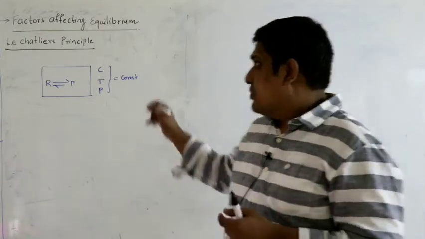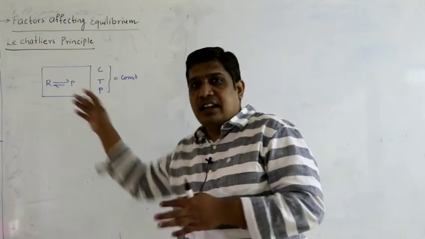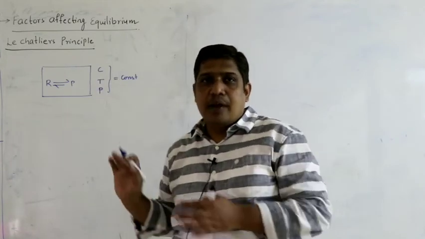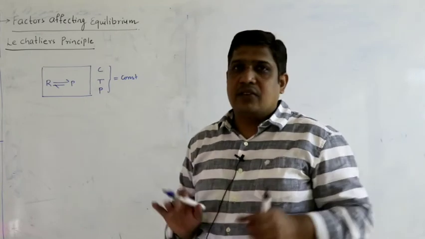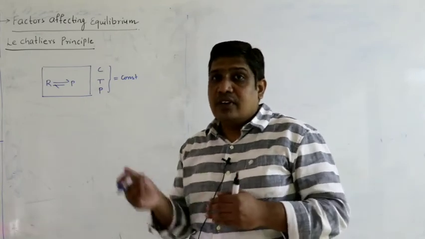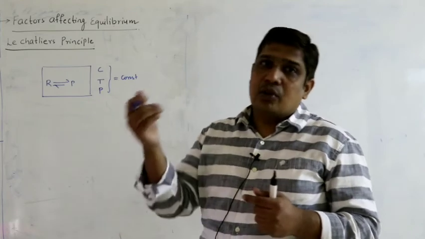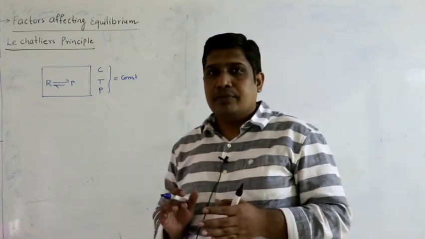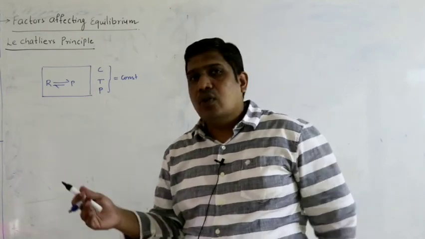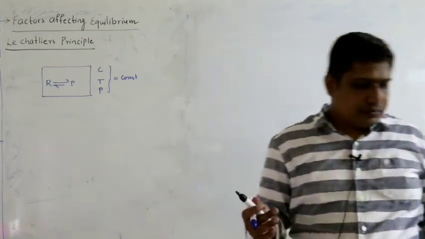Once again, if I cause some change externally, then the system will not be at equilibrium, but it will try to come back to equilibrium. How? It will try to shift the equilibrium either in the forward or backward direction.